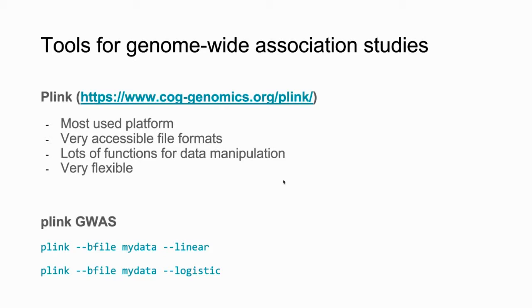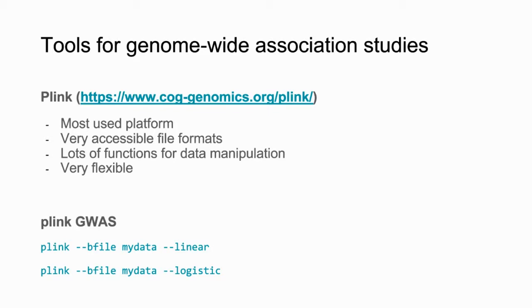Okay, so I'll talk a little about the tools that we use for genome-wide association studies. The first one I want to touch on is Plink. Plink is the most important, most useful, I would say, because it has a very complete array of tools, not only for GWAS, but for all genetic data management, like frequency calculation, quality control, etc. You can build them yourself.